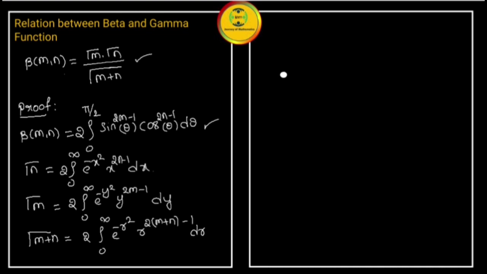Now I am going to multiply gamma of m into gamma of n, or gamma of n into gamma of m.